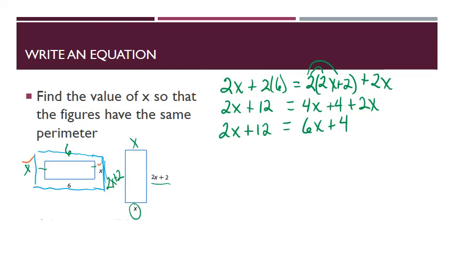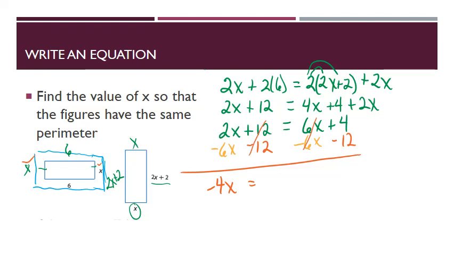All right, now let's get our variables on the left-hand side and our constants on the right. In order to do that, I'm going to subtract 6x from both sides, and I'm going to subtract 12 from both sides, getting ready to isolate the variable. 2x minus 6x gives me negative 4x, and that's going to equal, because the 12s cancel and the 6x minus 6x cancels, 4 minus 12, which is negative 8.